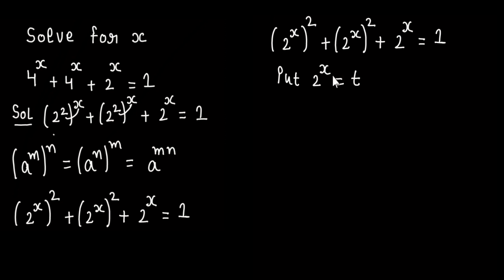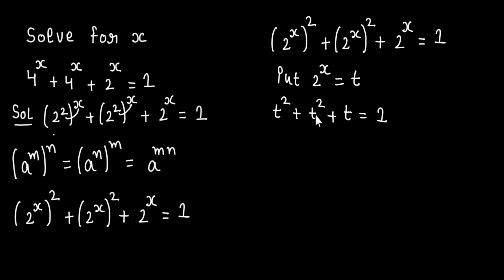After putting it, you will see our equation becomes a very simplified equation. So here we get t square, here also we get t square, and here we get t, which is equal to 1. After putting 2 raised to power x is equal to t, our equation comes to a very simplified form.